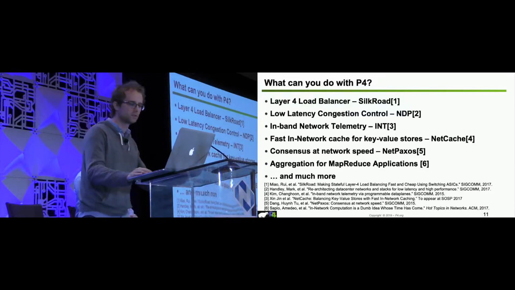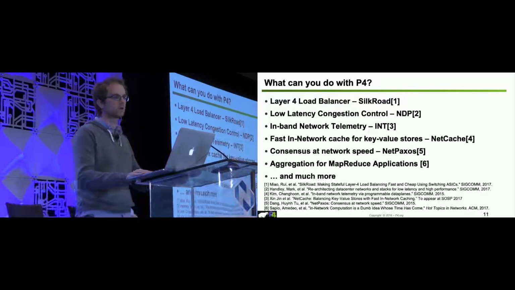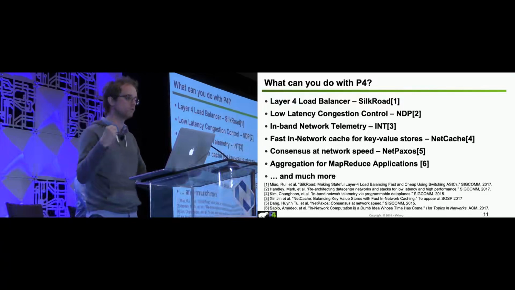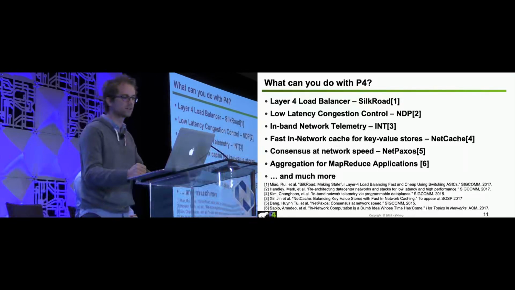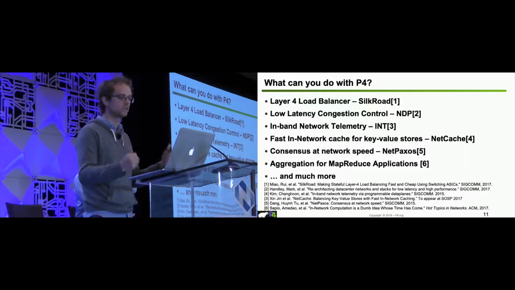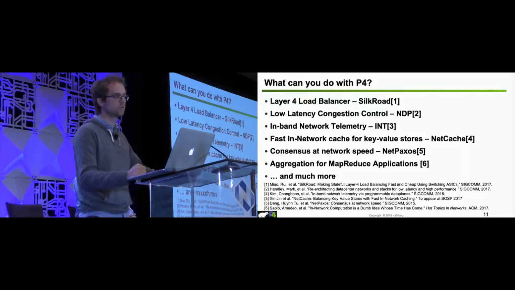Then you have in-band network telemetry, which has become quite popular as well, and this is to give you visibility in your network. And then you have some more computing-oriented applications, like Netcache, which is an in-network key value store to accelerate memcached. NetPaxos, where you can run Paxos, which is a consensus protocol, in the switches themselves.